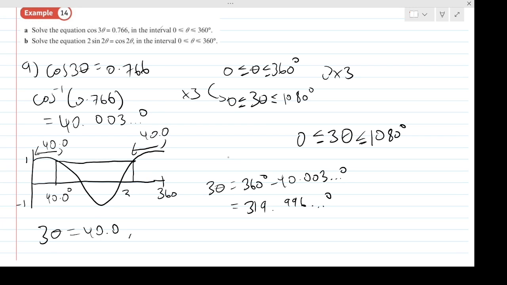So that'd be 319.996 for that solution there. So we can add that on to our list of solutions down here. So the first one was this 40.0. The next one was 319.996.